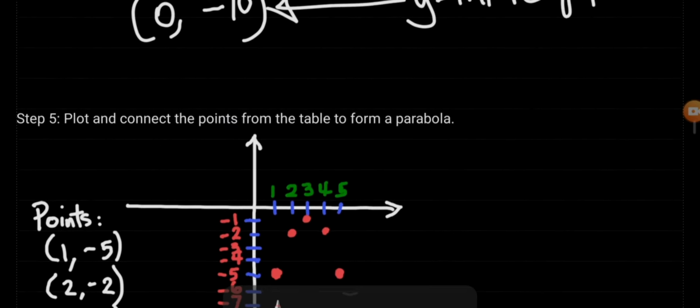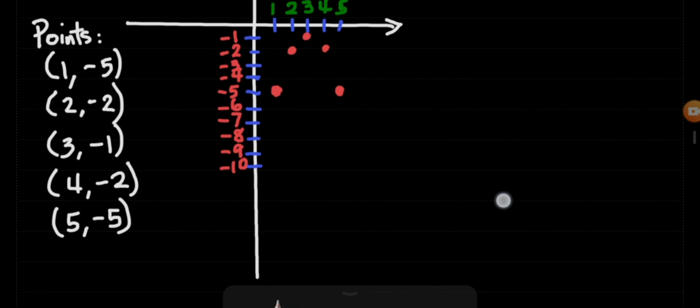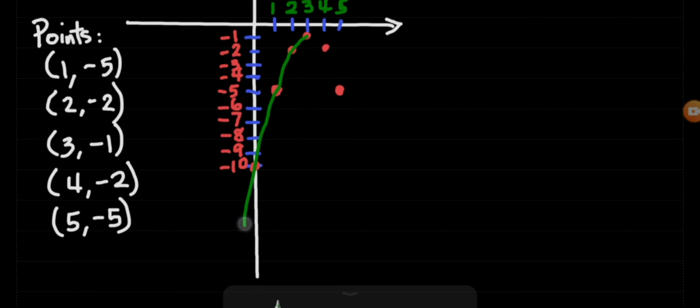And the y-intercept is (0, negative 10). Then we will connect the points. So this is now the parabola.